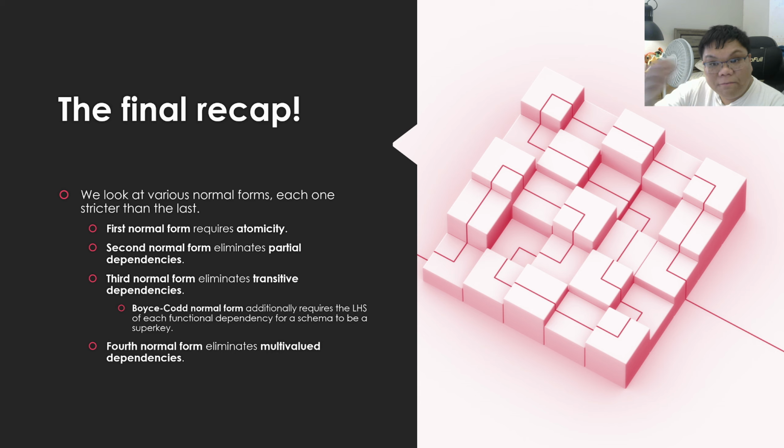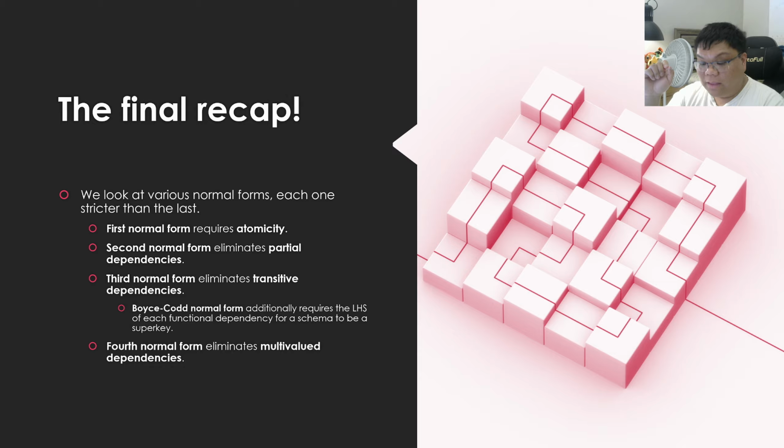We looked at various normal forms, each one stricter than the last. The first one is 1st normal form, which basically says atomicity. The domains of all your attributes must be atomic. If you have a column that basically represents 2 or more smaller attributes, give each of those component attributes its own column. If you have a cell that has 2 values for 1 attribute, you give each of those values its own row.